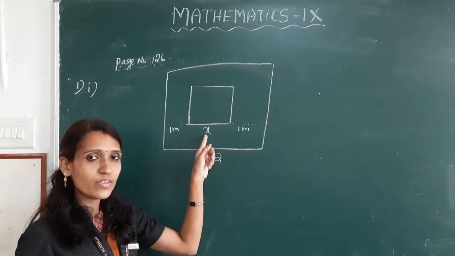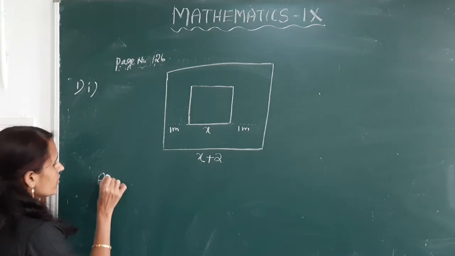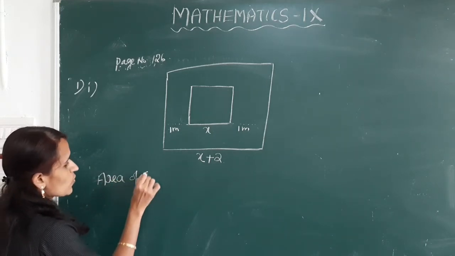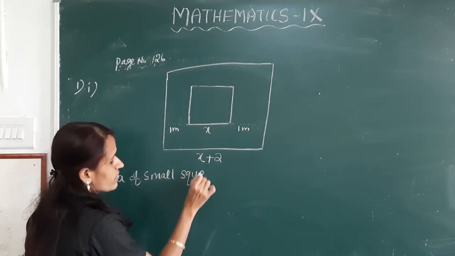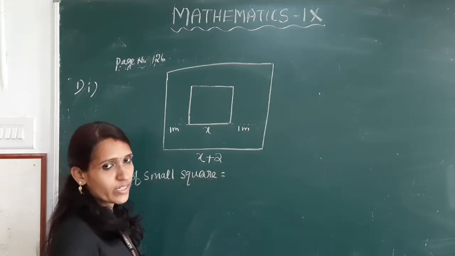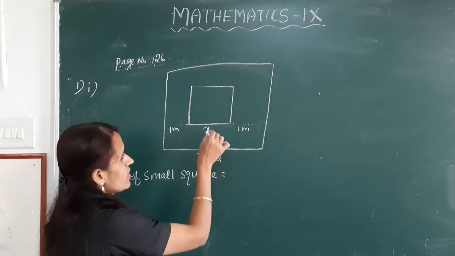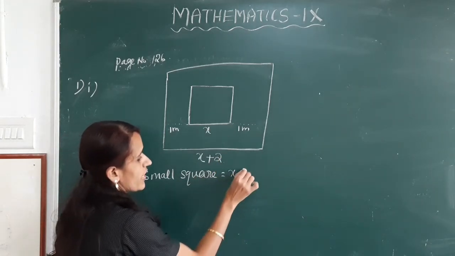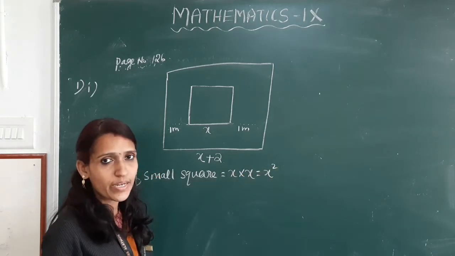Clear? Next you have to find the area of the small square. We know that the area of a square is side into side. Here one side is x, that is x into x is equal to x square, right?